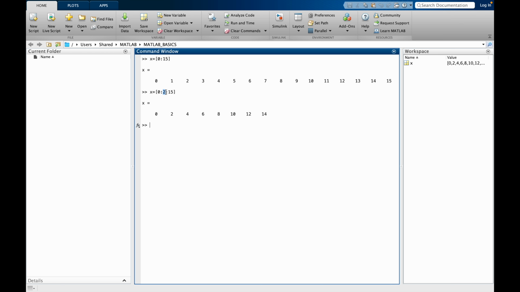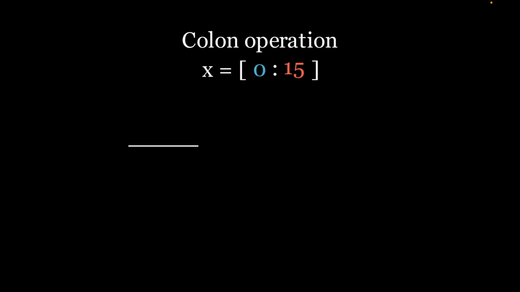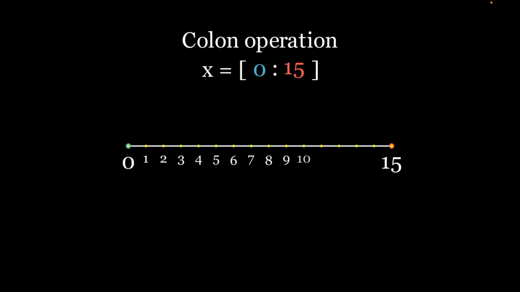Whichever number you give here will create that much difference, and you will get this sequence of array in the variable. Here we are using the variable x. So we saw in this colon operator how things work, and how you can divide into equal segments and create the divisions.